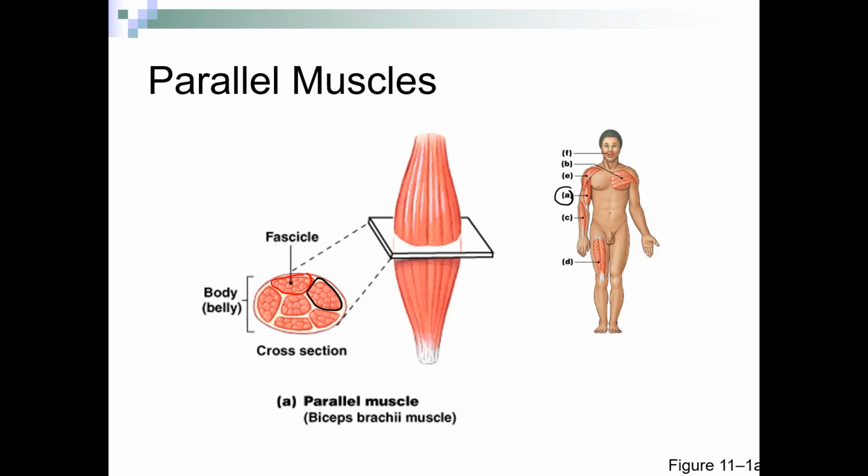So flexing your elbow joint, like you're trying to tap yourself on your own shoulder. So you're moving your right hand to tap yourself on the right shoulder. You are flexing your elbow joint, and you're using the biceps brachii to do that flexing.